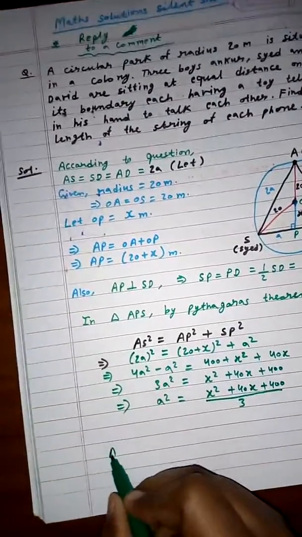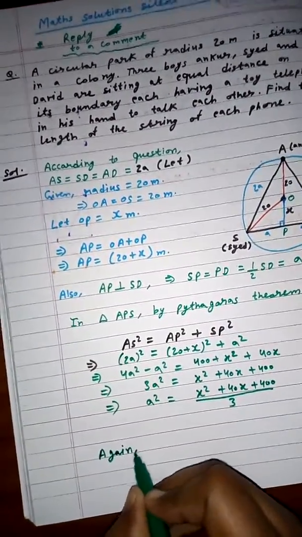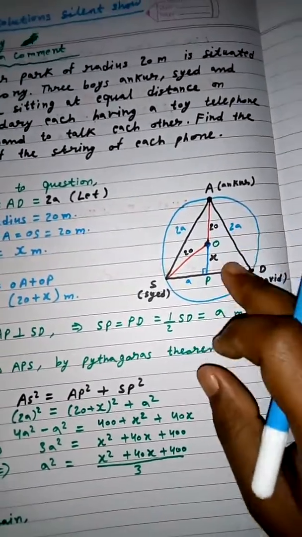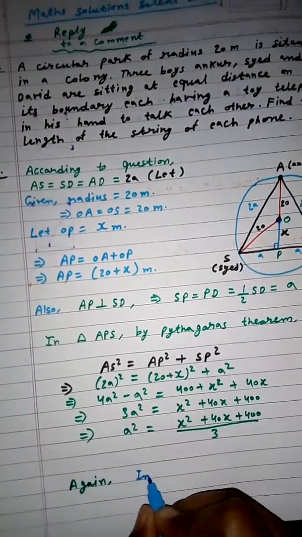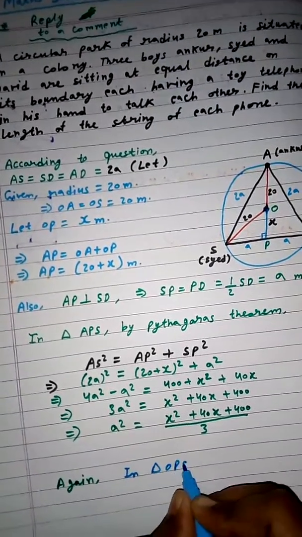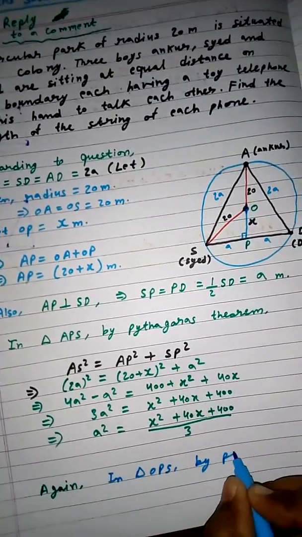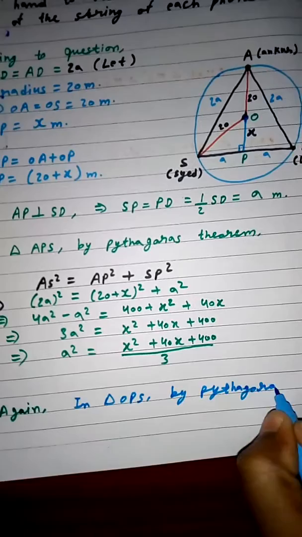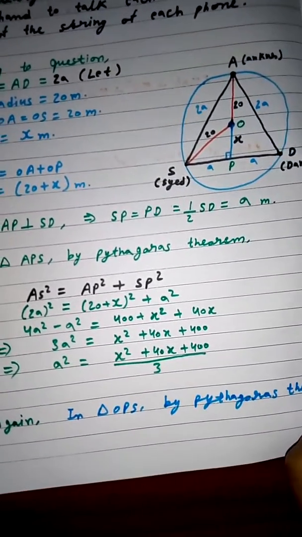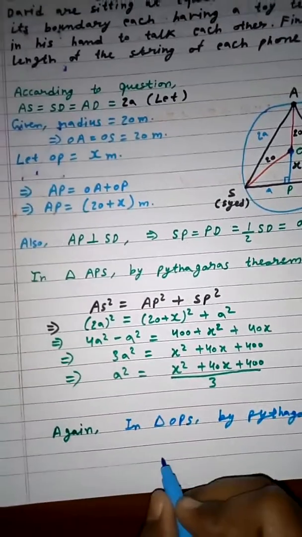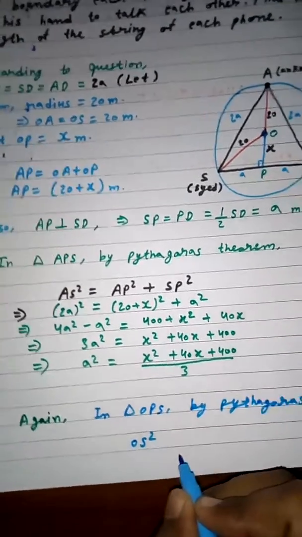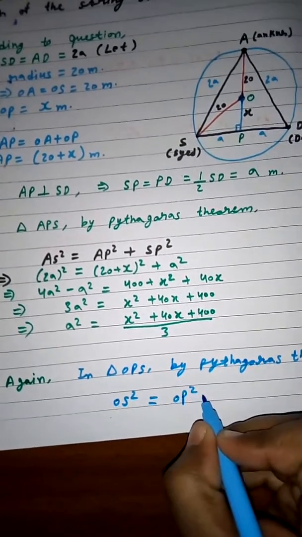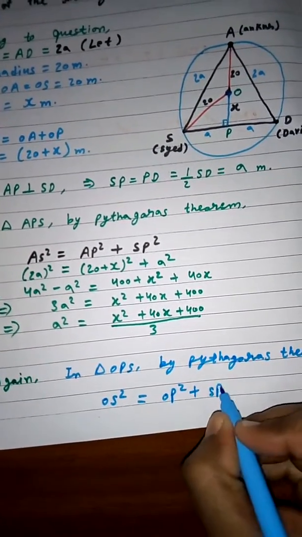Now again I am using this Pythagoras theorem on this right triangle OPS. So in triangle OPS, by Pythagoras theorem, again we have to use the same theorem, the square of the hypotenuse. It means OS square is equal to the square of the perpendicular plus the square of the base.